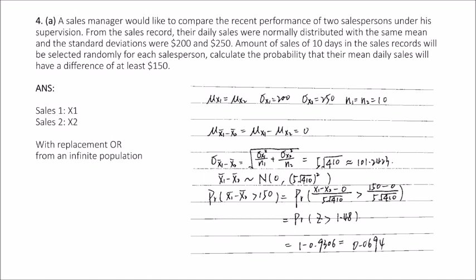Since we sample with replacement or from infinite populations, we use this equation: sigma of x bar 1 minus x bar 2 equals the square root of sigma 1 squared over n1 plus sigma 2 squared over n2.